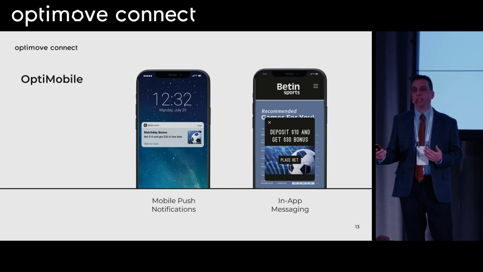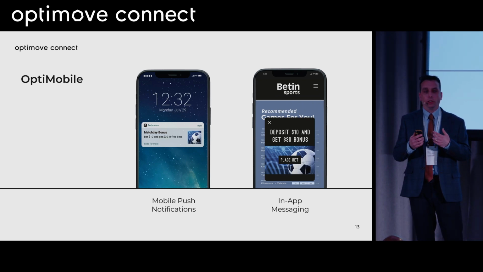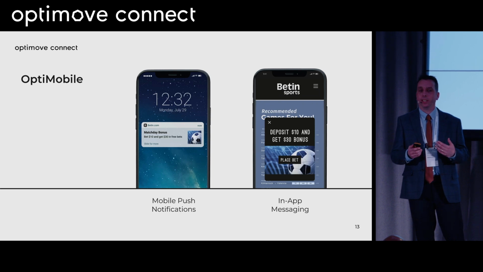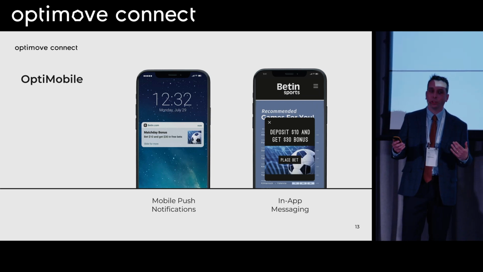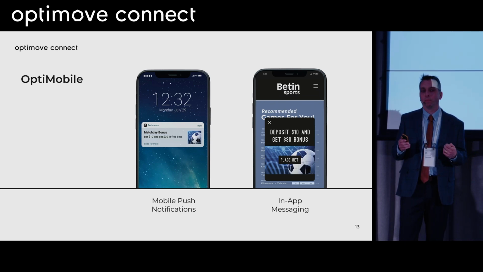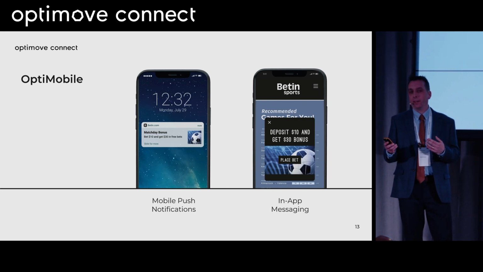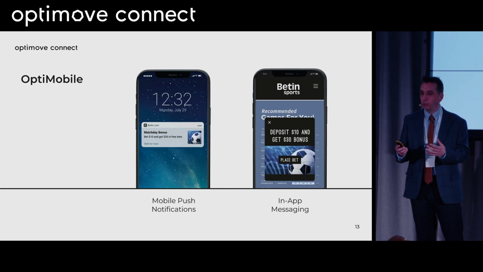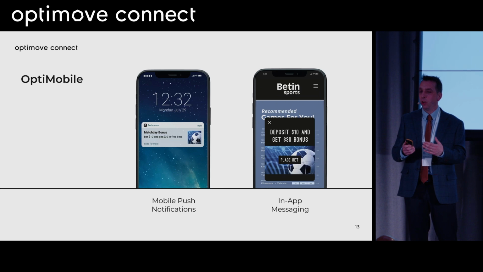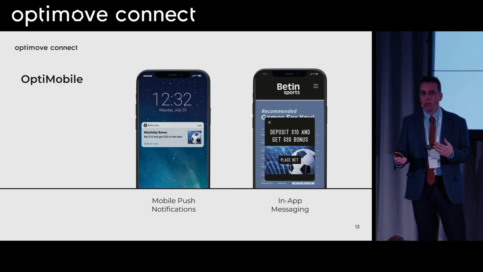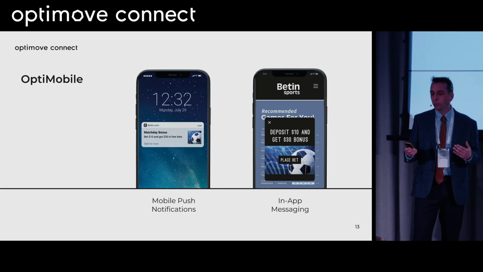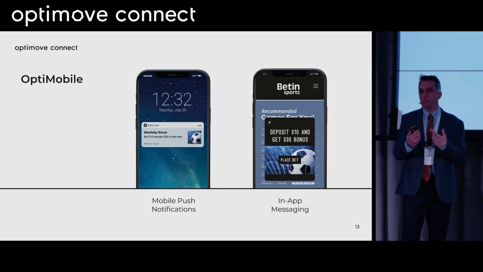Okay, in-app messaging, conversely, you can send much richer content, you know, images, videos, full screen takeovers. Okay, the downside of in-app is it's for your active audience. People only see these messages when they go to the app. So what Optimove allows you to do, though, is combine these channels together within a single campaign.